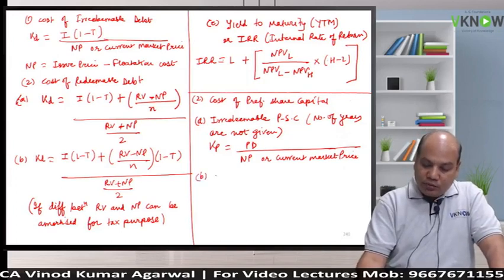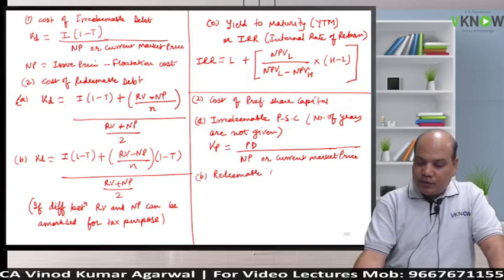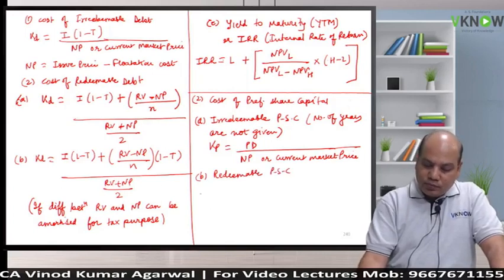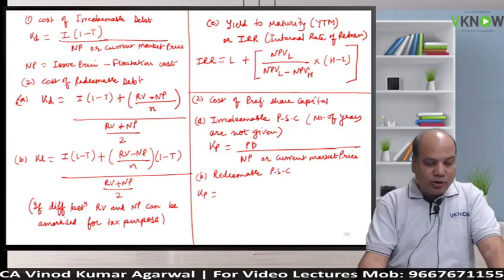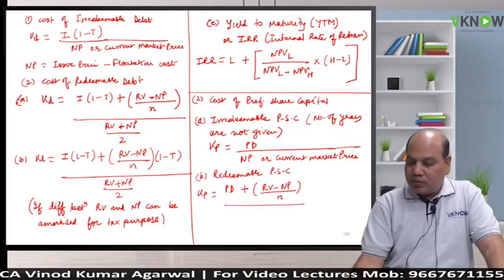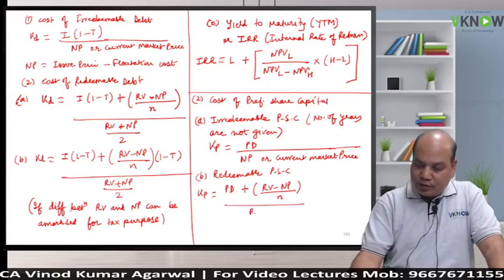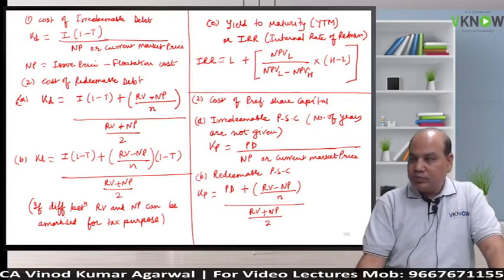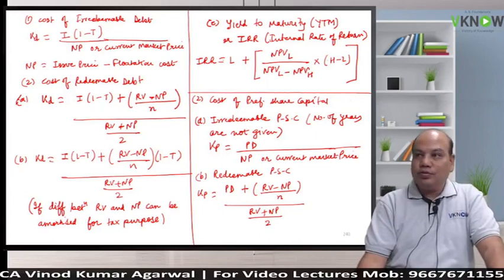And B, write down redeemable preference share capital. So cost of preference share will be equal to preference dividend plus RV minus NP upon N, where N means number of years, divided by RV plus NP by 2. RV means redemption value.